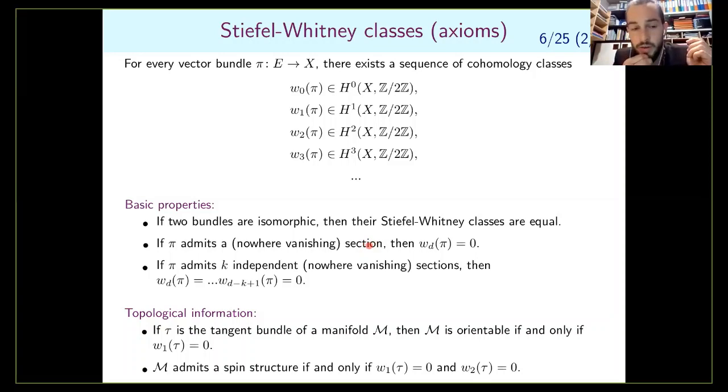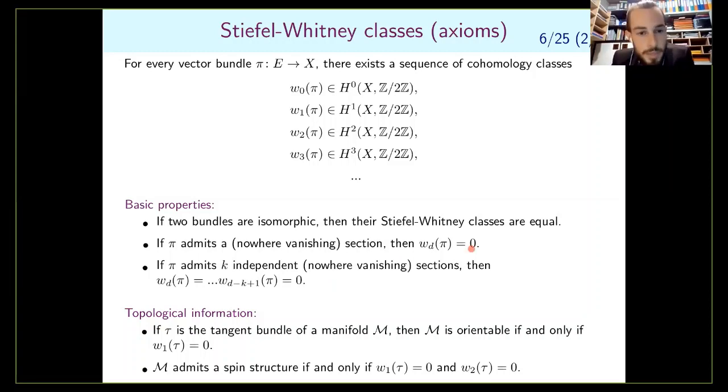And this is why these Stiefel-Whitney classes have been designed at the beginning. And you can generalize this statement: if your vector bundle admits k independent sections, then the top k Stiefel-Whitney classes are 0.